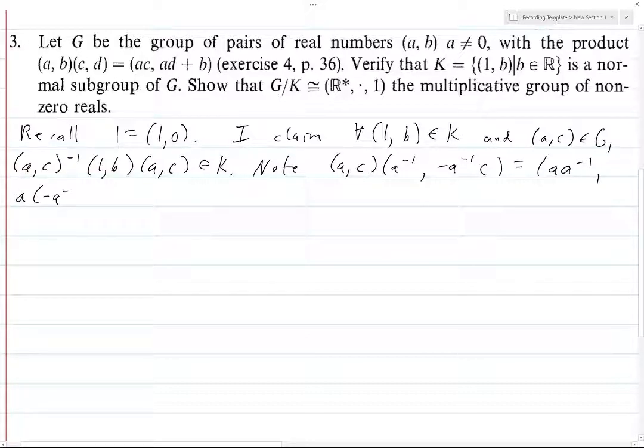So it's going to end up being (a inverse, negative a inverse c) equals (1, 0).